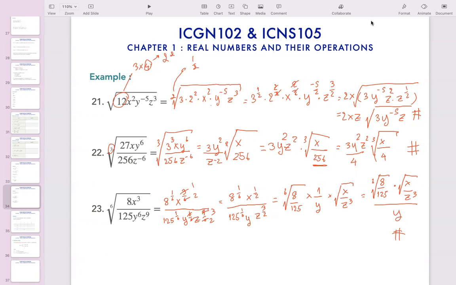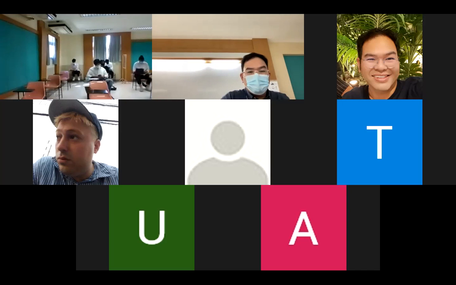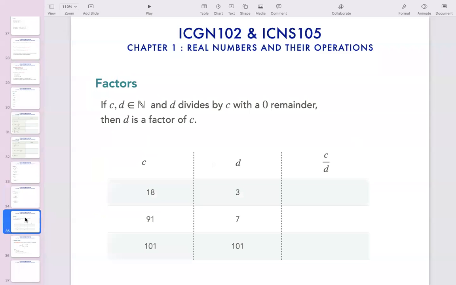After we learn how to solve exponents and also radicals already, the next thing that you have to know is factors and absolute values. What are the factors?